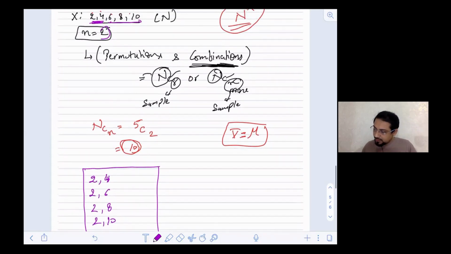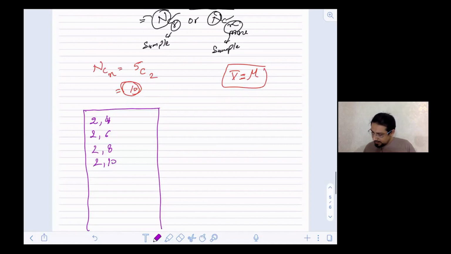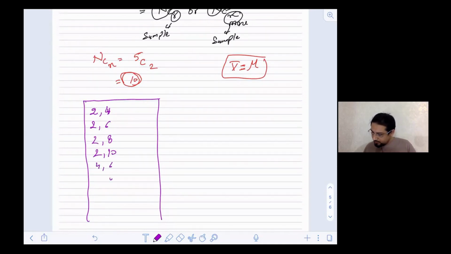Now let's remove 2 and take 4: 4, 6, then 4, 8, 4, 10.